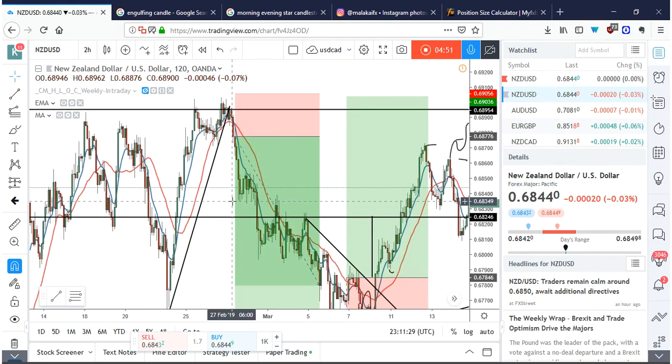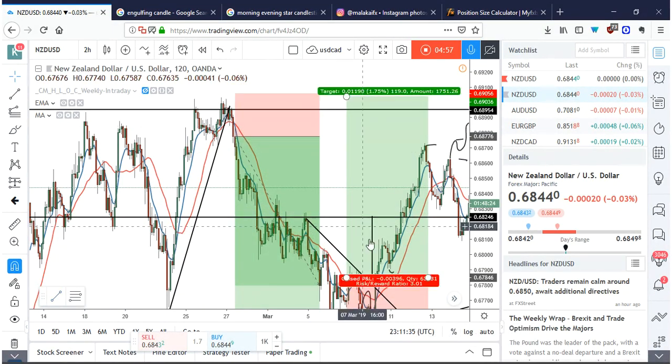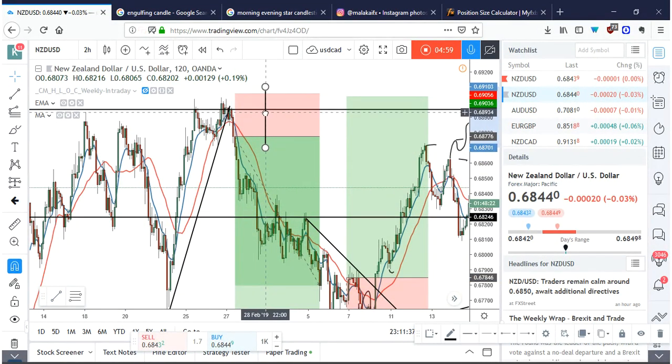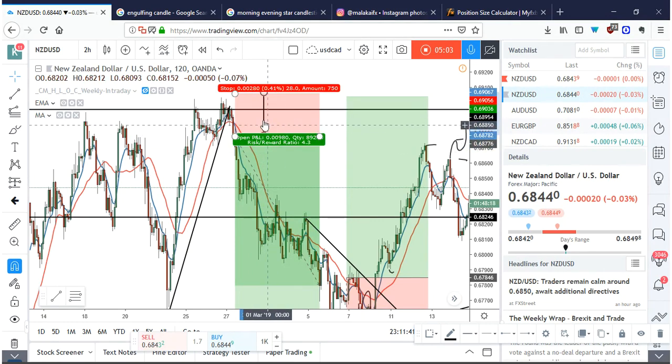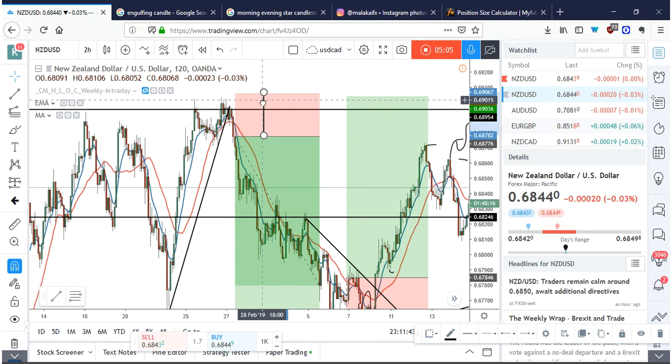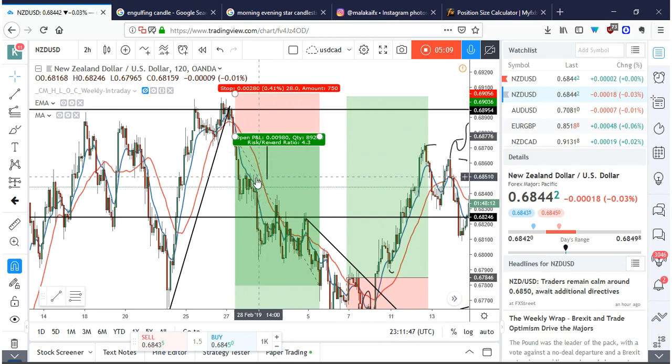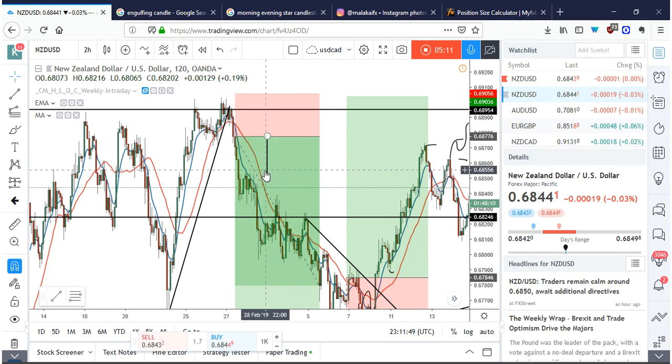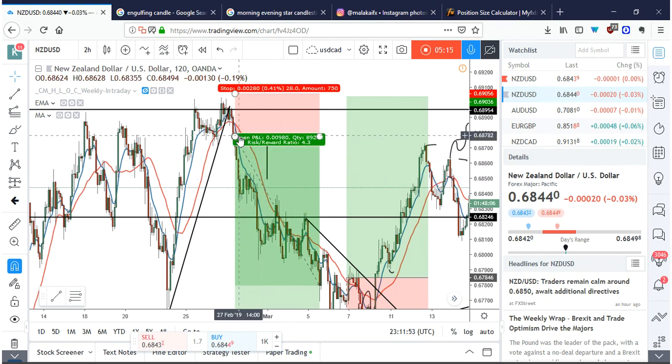So entry was in here. You want to measure the distance of your stop loss, then move the distance up. Then wait for price. Once it moves the distance of your stop loss, you want to move your trade to break even.